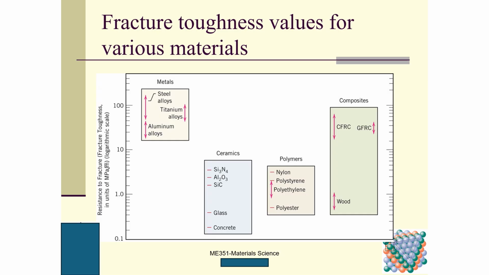Composites depend, and they have a very big range from low to very high. Ceramics are usually very brittle, and the fracture toughness is relatively low. The polymer is usually low.